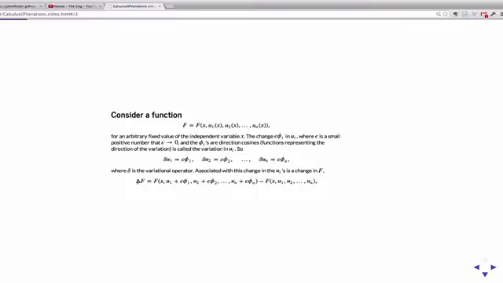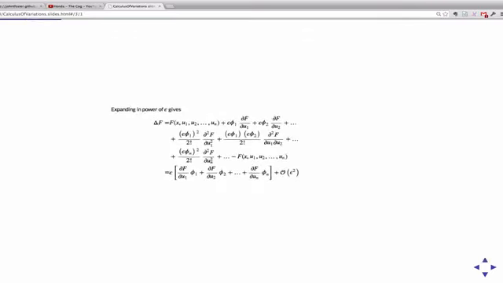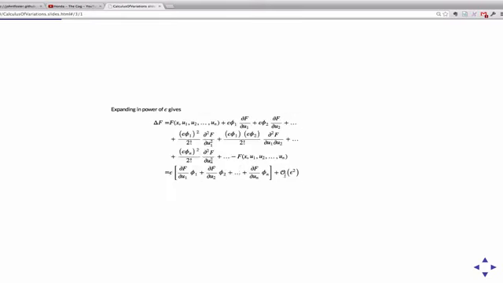Then if I want to look at the change in the function, it's simply the function evaluated with all these arbitrary changes in the u's, minus the original function. That's the change in the function. If we take that change and Taylor expand in powers of epsilon, eventually we arrive at this last equation.